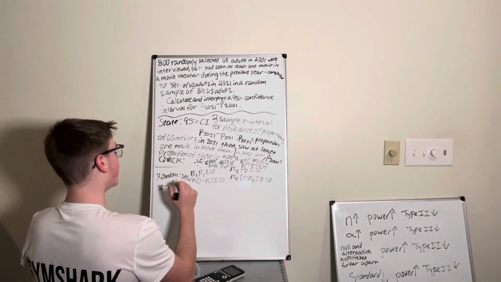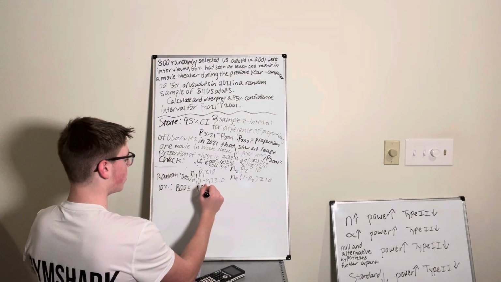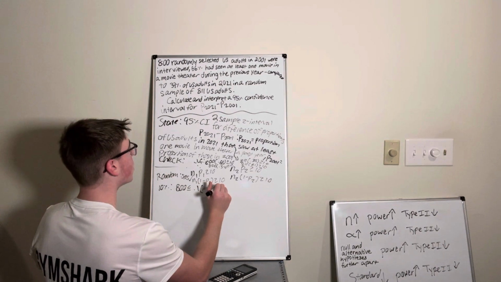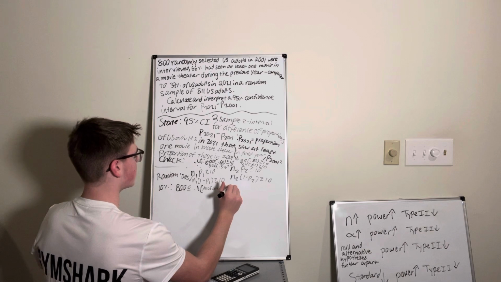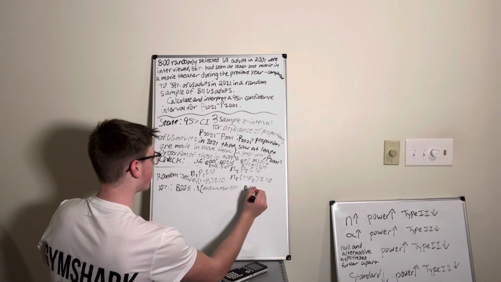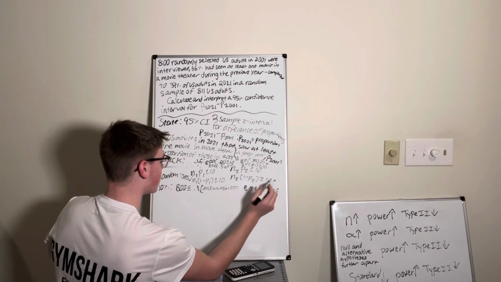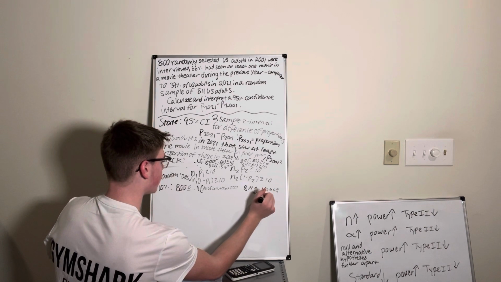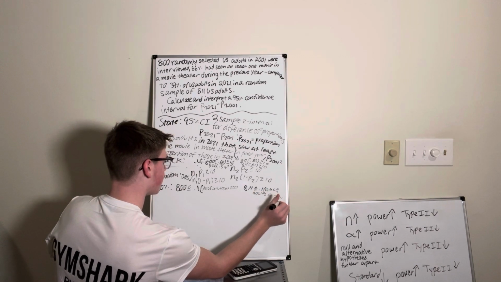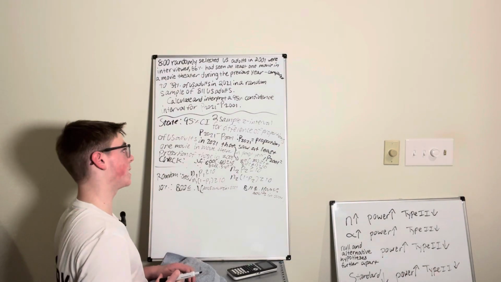So you say 800 is less than or equal to 0.1 times all U.S. adults in 2001. And then 811 is less than or equal to 0.1 times all U.S. adults in 2021.